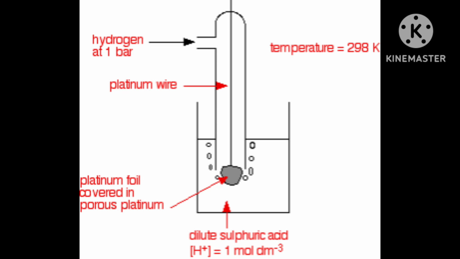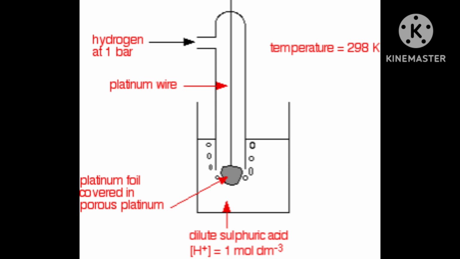Actually, for a cell, 2 electrodes are required. Suppose you want to know the electrode potential of a Zn electrode. You don't know what the potential is.